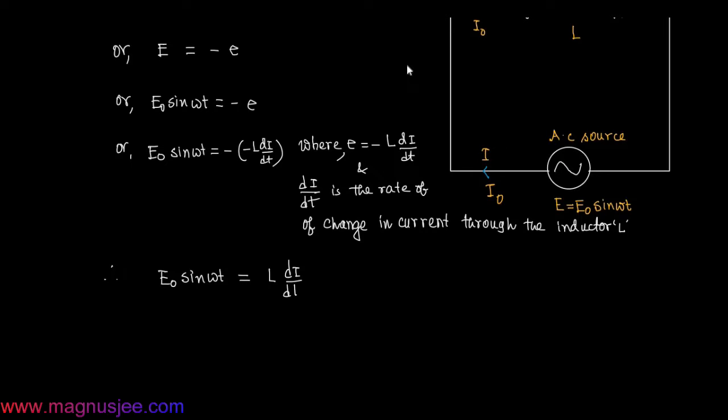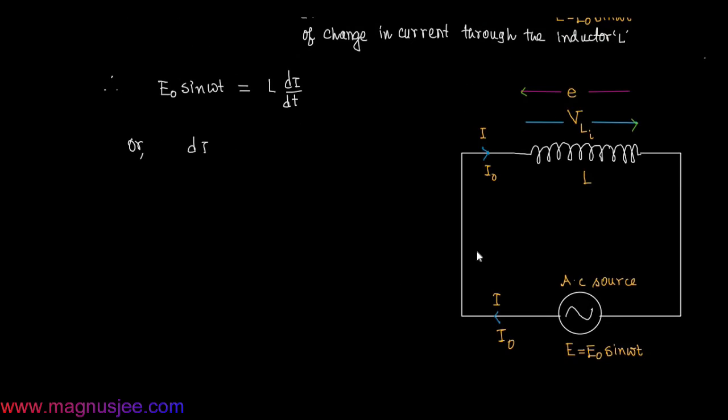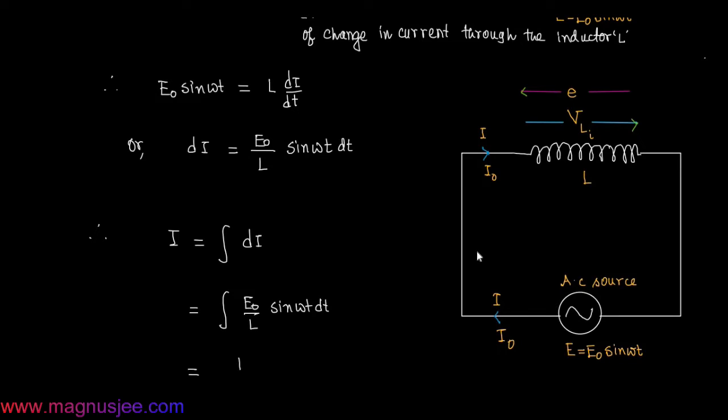Therefore, E0 sin omega t is equal to L di by dt, or di is equal to E0 divided by L sin omega t dt. Therefore, the total current I is equal to the integration of di, which is equal to the integration of E0 by L sin omega t dt.